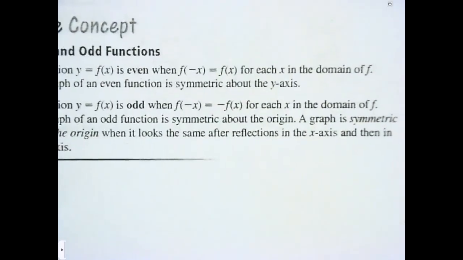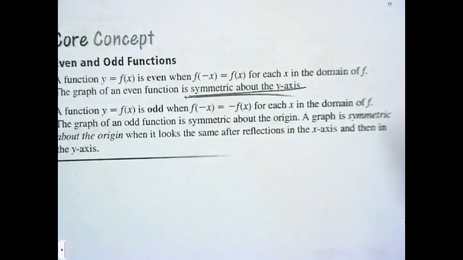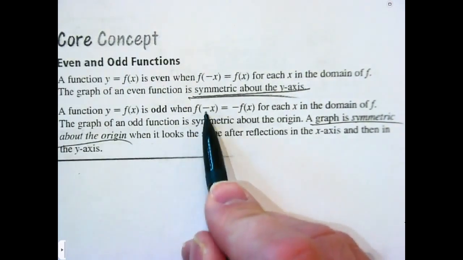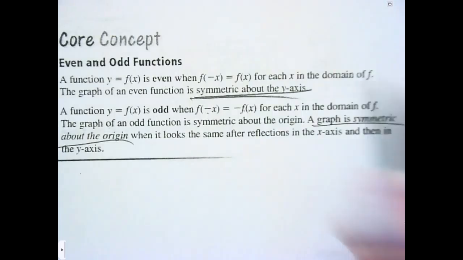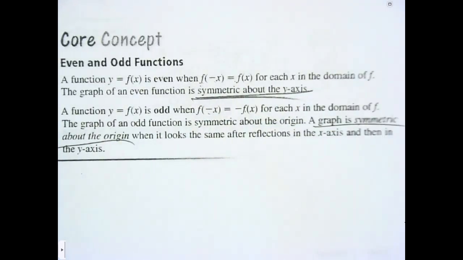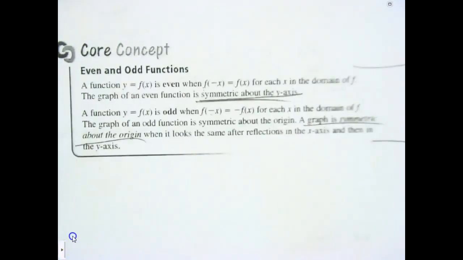In other words, it's symmetrical over the y-axis. If it's odd, it's symmetrical about the origin. Two things are changing: f of negative x equals negative f of x. Here, one thing changes. That may not mean as much to you right now, but when you start looking at the graphs, it'll make a little more sense. So when you encounter those on your assignments, make sure you talk to me if you need help.